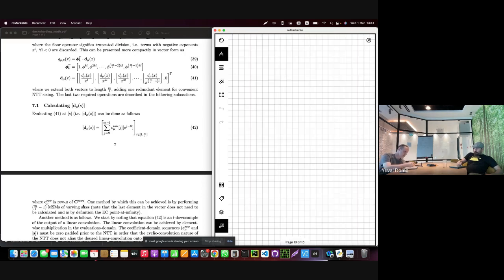Let's now call this C mu. This will be a vector, and this is just the coefficients, C0 to C4095. And we'll have, as usual, the setup.